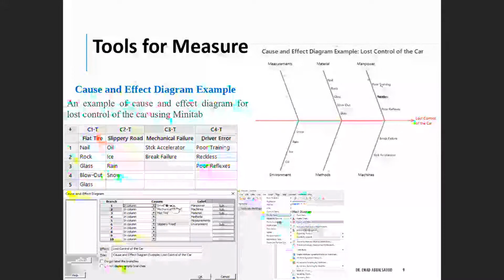When you double click on that field, it will list all those columns from C1 to C4. You just select the one you want to place on the first row and double click on it here, and it will appear on the first row.